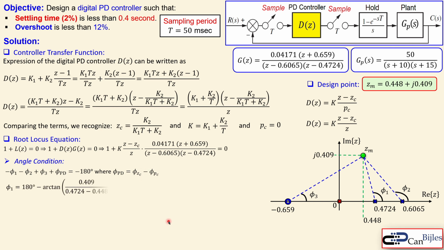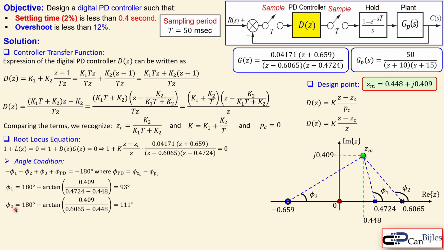So let's then determine phi 1 and phi 2, etc. Phi 1 is this angle. You can calculate that by calculating the angle here, which is a smaller angle. So you do 180 degrees minus this angle, and this angle is calculated by the arctangent formula, the height divided by this distance, which is shown here, and you will get 93 degrees.